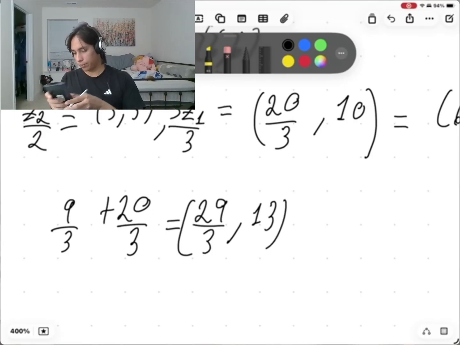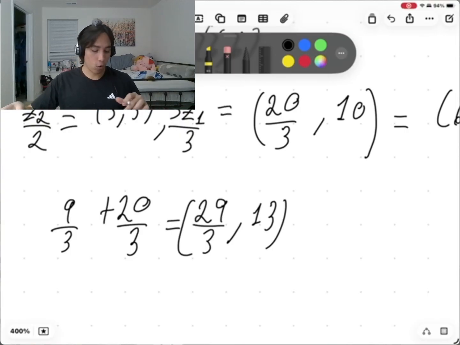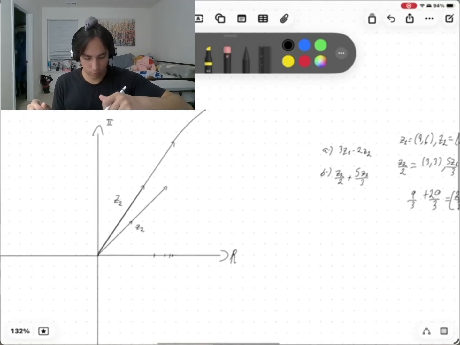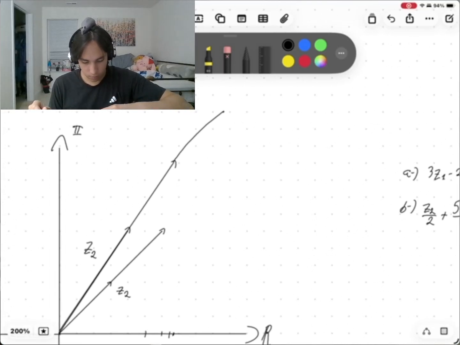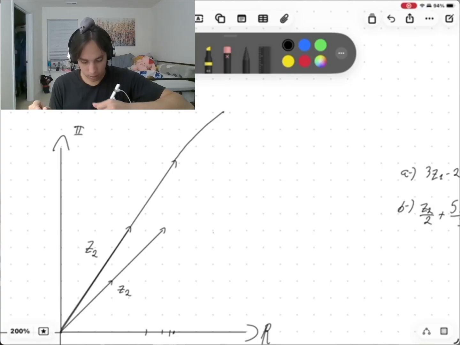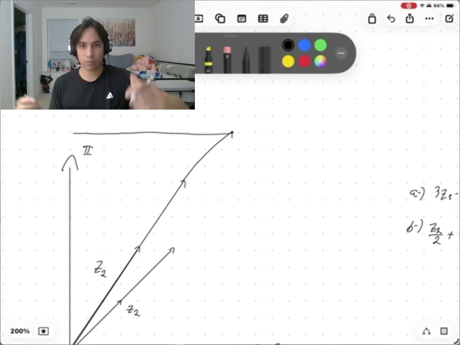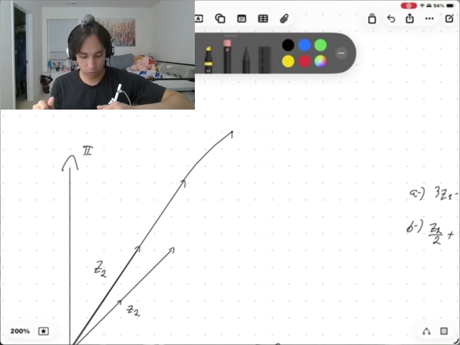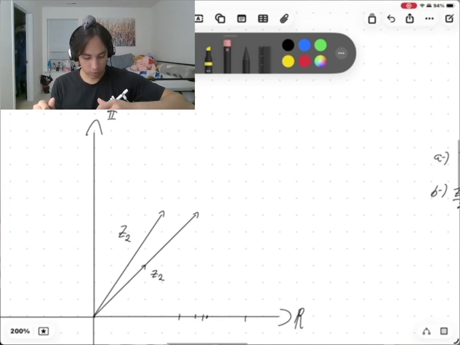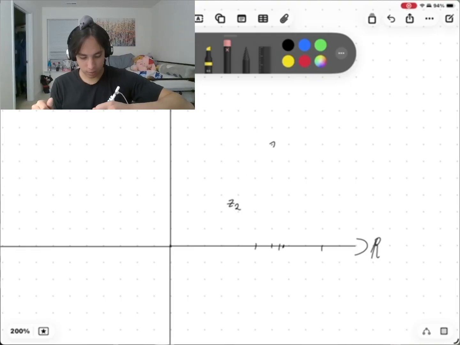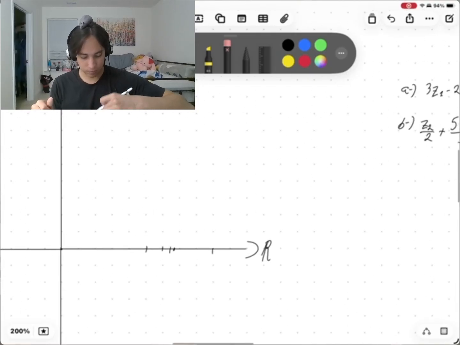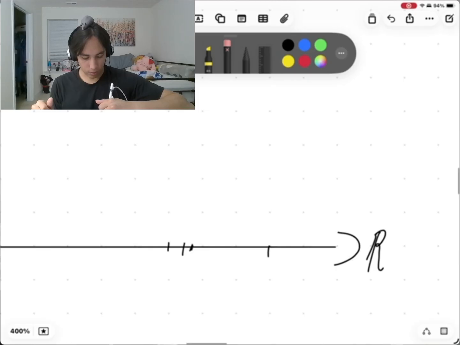What's 29 over 3? 9.67. Oh my goodness. As you can see, it pretty much is 9.67 and this is 10, 11, 12, 13. Yep, we got it. I couldn't find a way to work around fractions, honestly. I just don't have that much brain power left today.